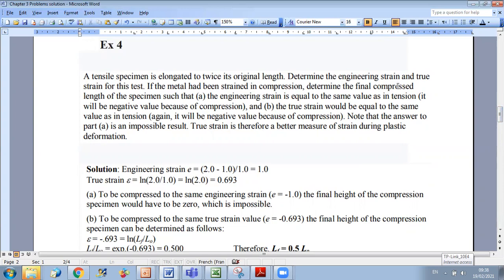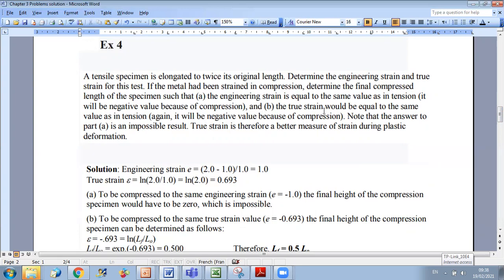Determine the engineering strain and true strain for this test. Then, if the metal has been strained in compression, determine the final compressed length of the specimen such that first, the engineering strain is equal to the same value as in tension. It will be a negative value because of compression.